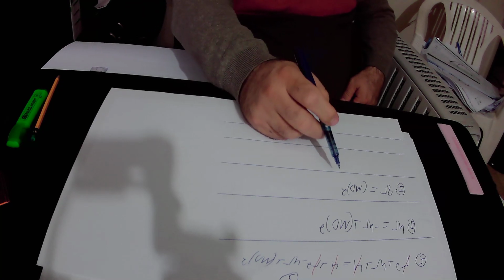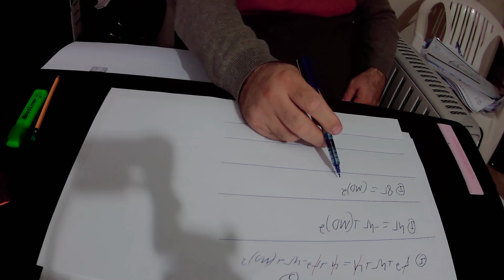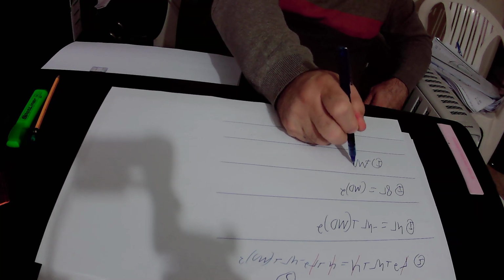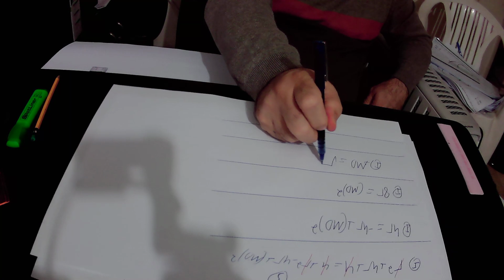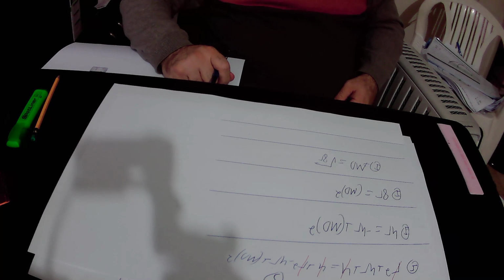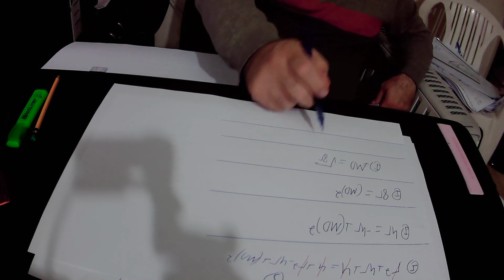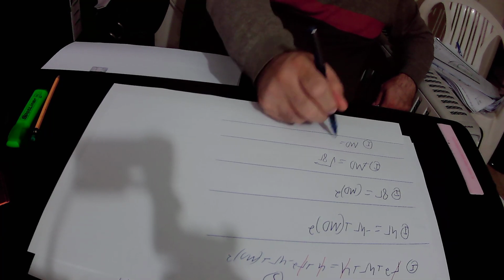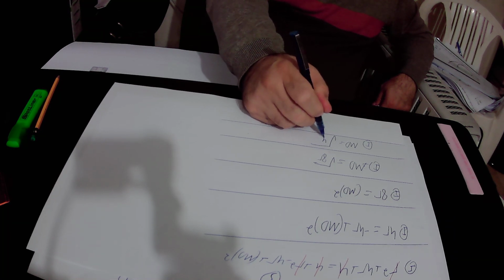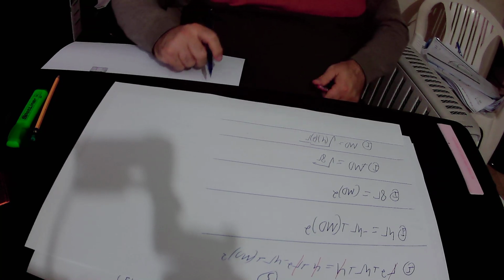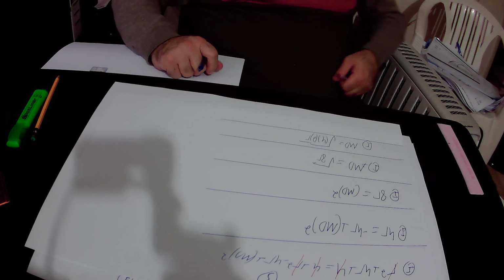Here we will take a root out of this equation number 1, and we will get that MD equals the square root of 8R. We know that 8 equals 4 times 2, so we will substitute 8 by 4 times 2, and we will get that MD equals the square root of 4 times 2 times R. The square root of 4 is 2, so I write it down.